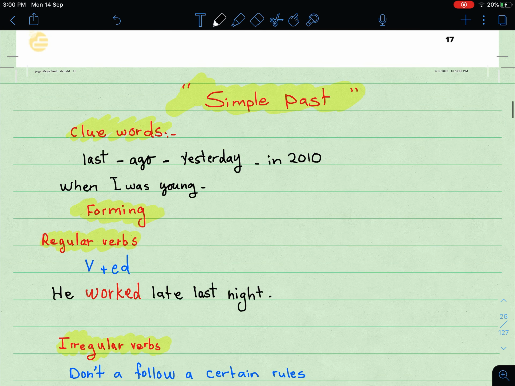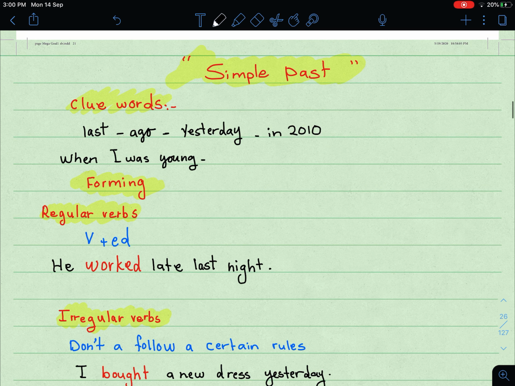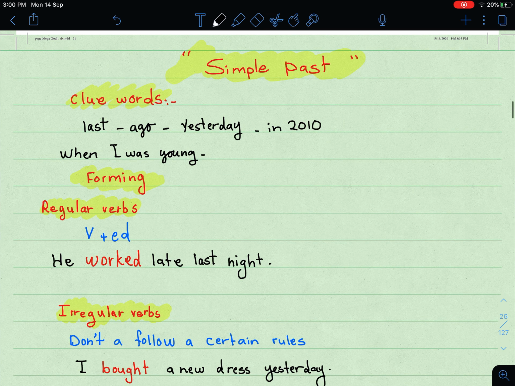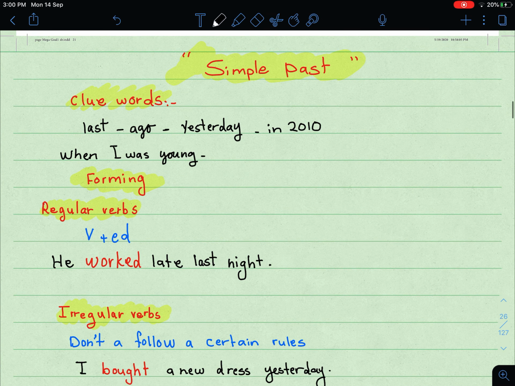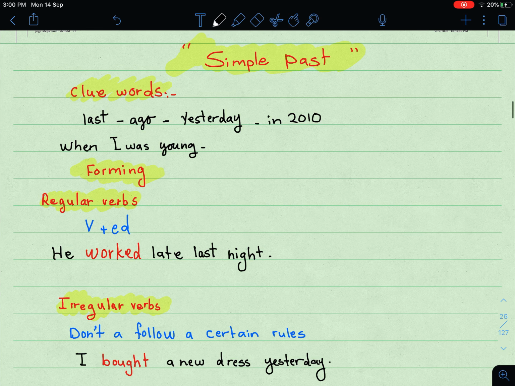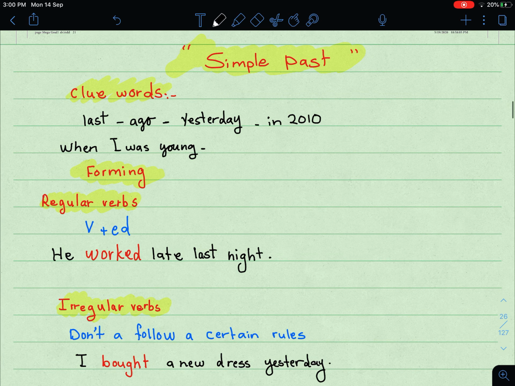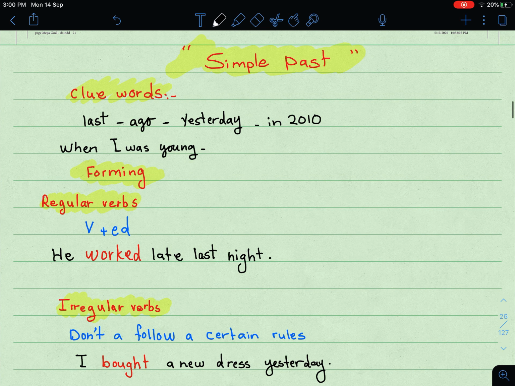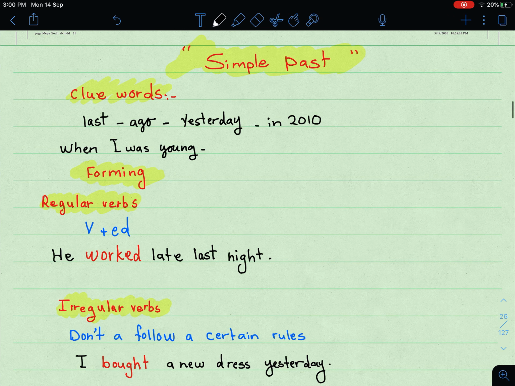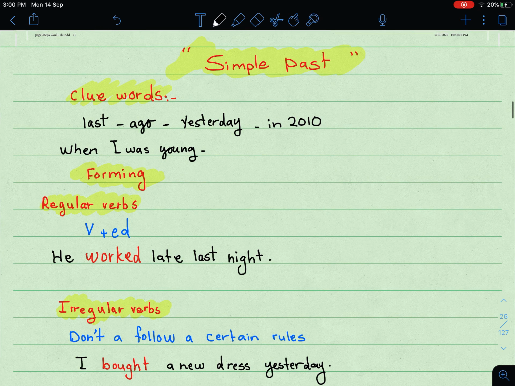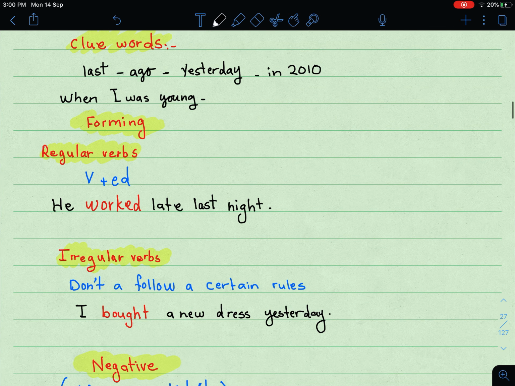خلونا نبدأ. Okay, the simple past. Before I start, قبل ما أبدأ, I'd like to say something that usually when we discuss any tense, لما عادة نناقش أي زمان, we discuss it from the way how we form it, كيف الطريقة اللي نكونها, whether an affirmative statement, negative statement or question, كيف نكون الأسئلة, كيف نكون الجمل والجمل المنفية كذلك.